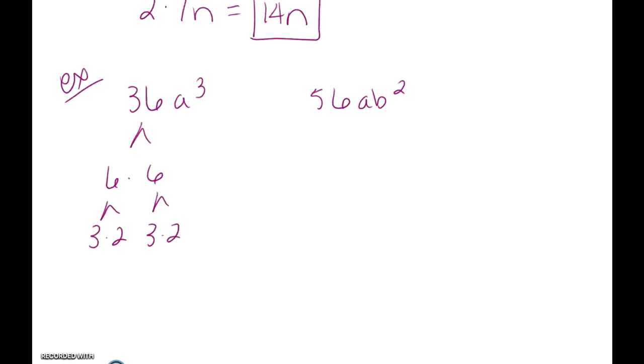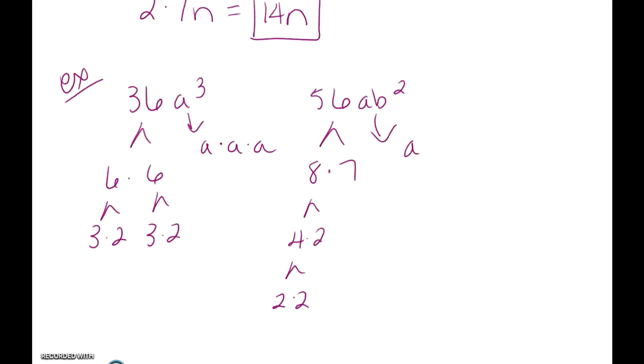All right, my letters, if you want to just jump right into that, a cubed means I've got 3 a's there. All right, and then 56, I'm thinking 8 and 7, 4 and 2, and then 2 and 2. Now we're all down to primes there.